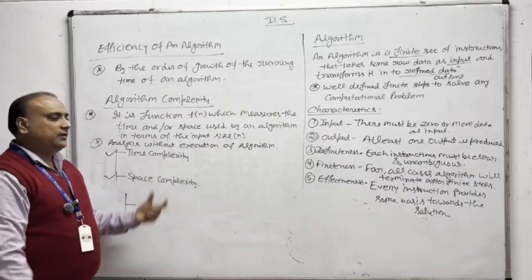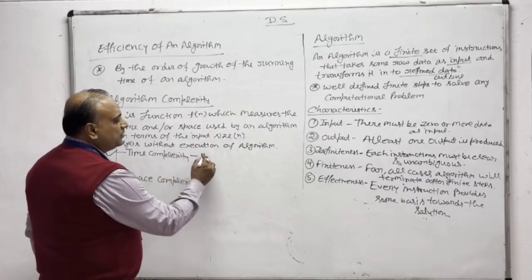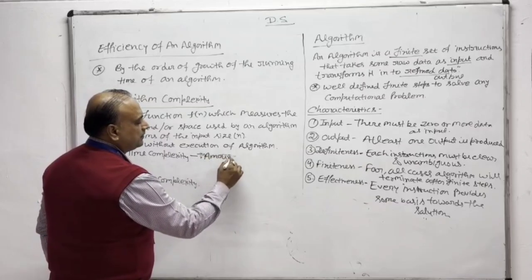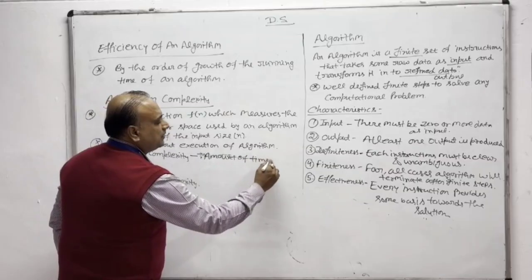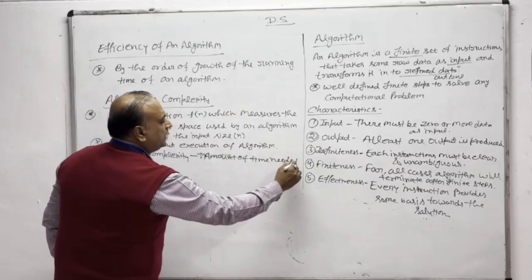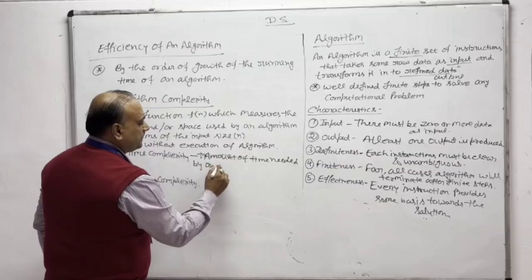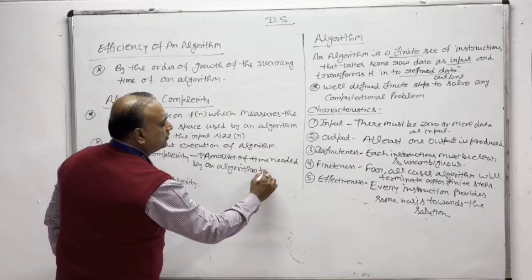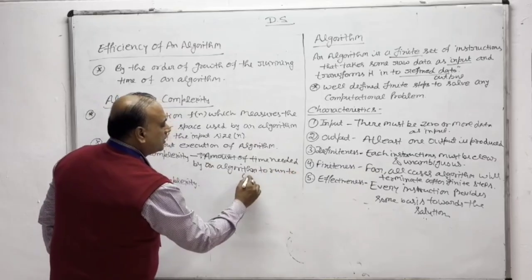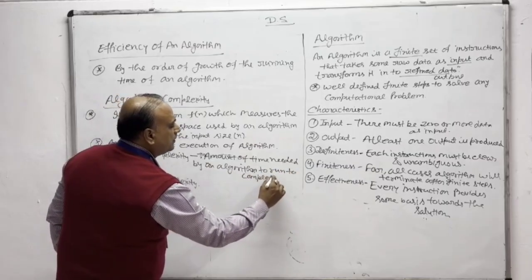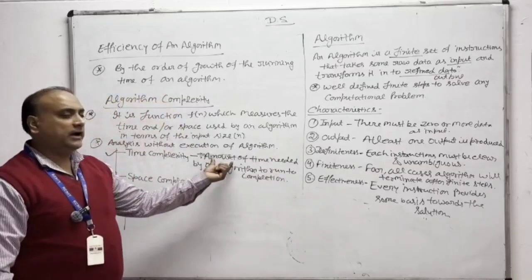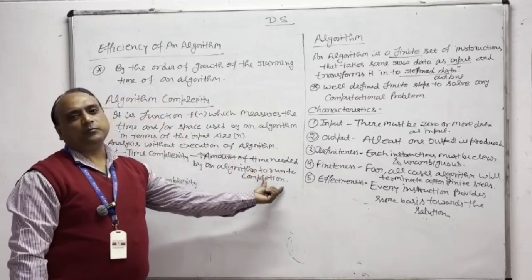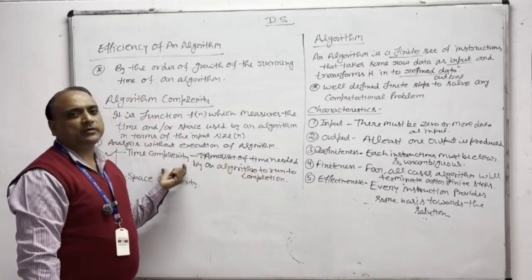Then what is time complexity? Basically time complexity is the amount of time needed by an algorithm to run to completion, meaning total time which includes execution time and giving the final output. The total time is called its time complexity.